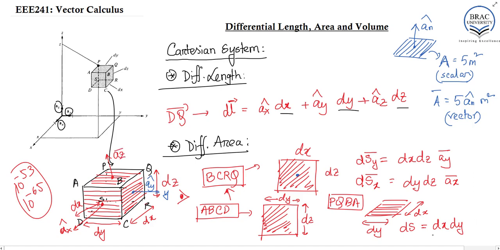So if we translate this into a vector quantity, we get az. Okay, so these are the differential area quantities that you will be using.